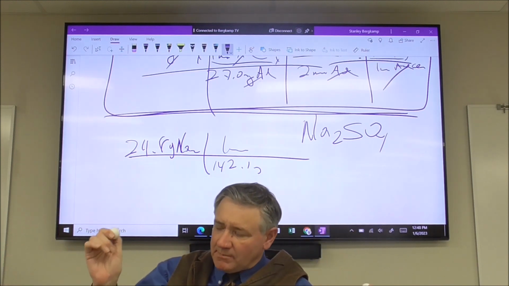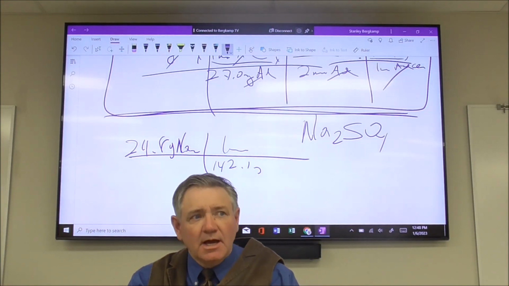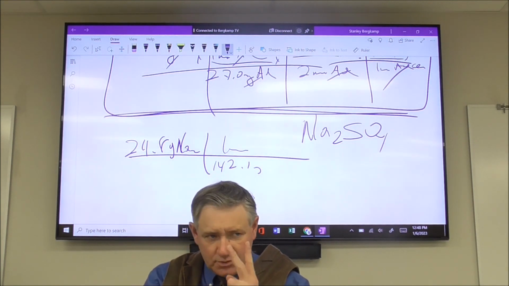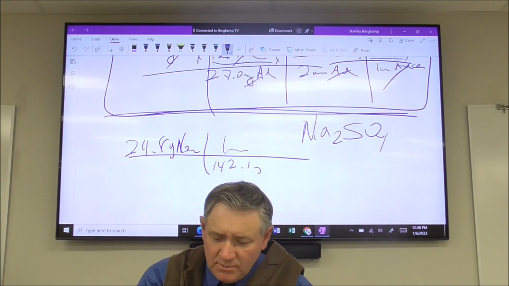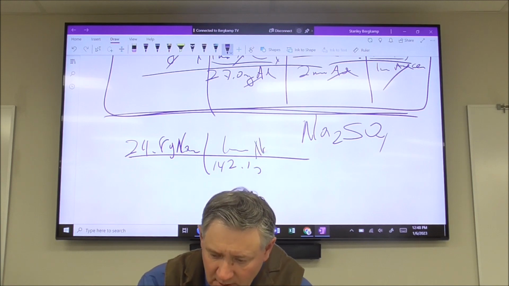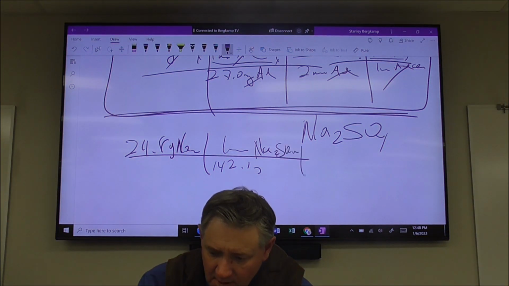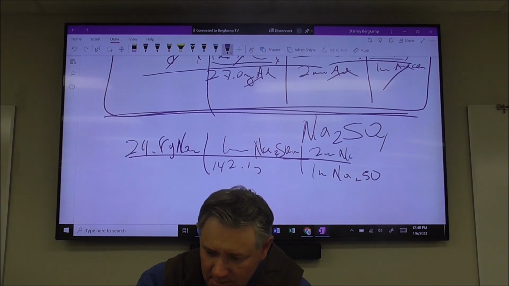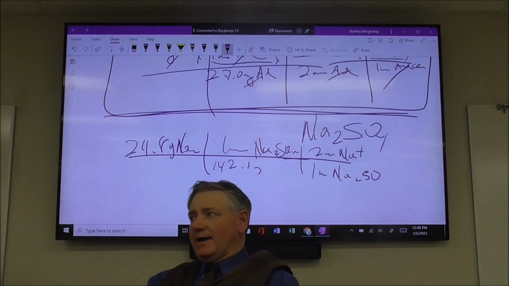So how many sodium ions do you get out of every 1 sodium sulfate? 2. So that's 1 mole of sodium sulfate, but for every 1 mole of sodium sulfate, you get 2 moles of sodium ions.